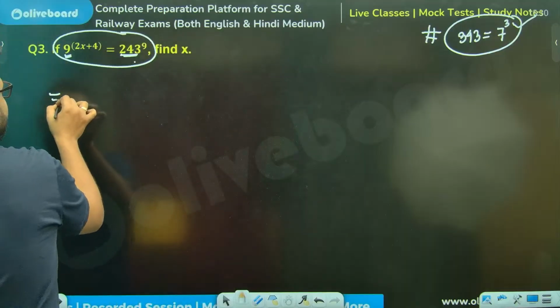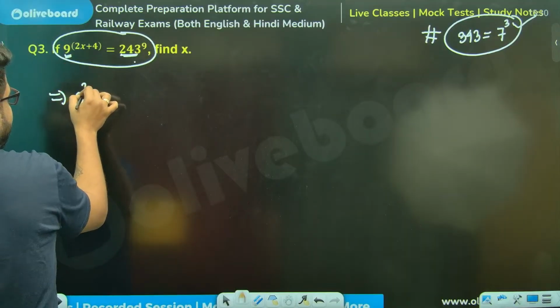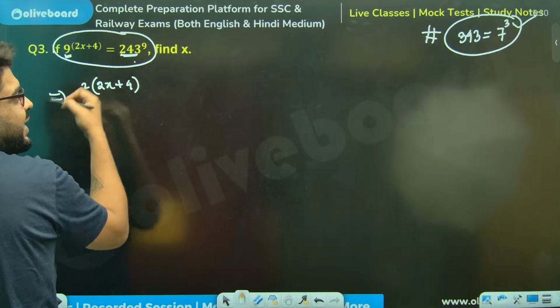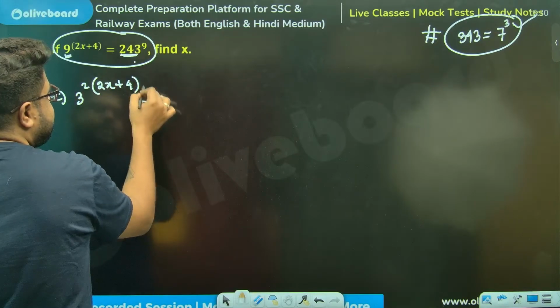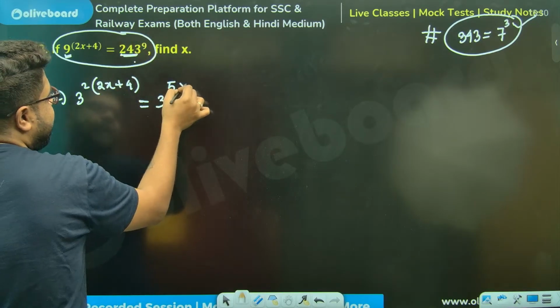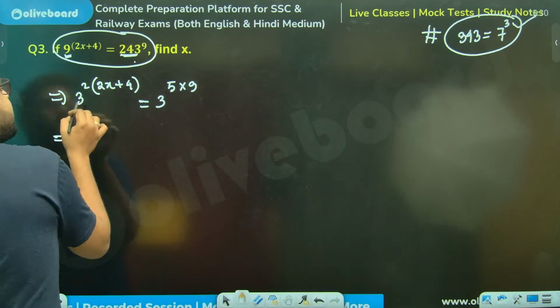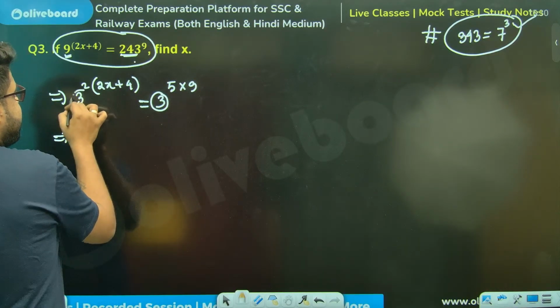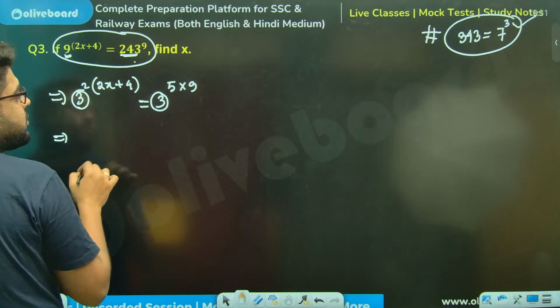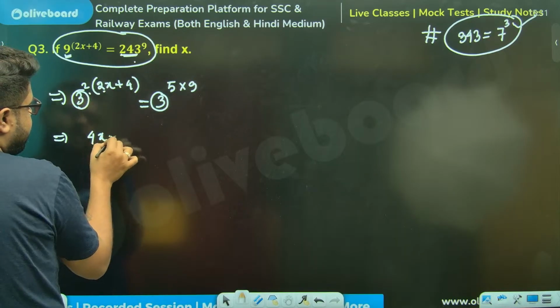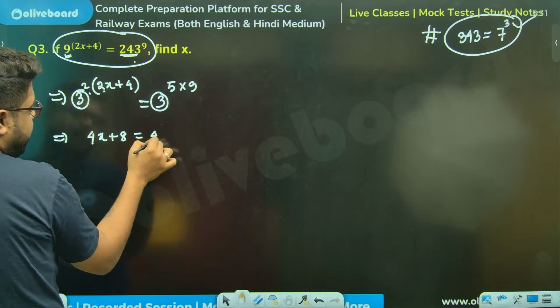So again, what I'll do, sir, this is 3 square to the power 2x plus 4. It will get multiplied. I'm just skipping the step. So this is 3 to the power 5 into 9, because powers get multiplied. Now again you see 3, 3. These are not plus minus 1 or 3 or 0, so power is equal to power. So 2 2s are 4x plus 8 is equal to 45.